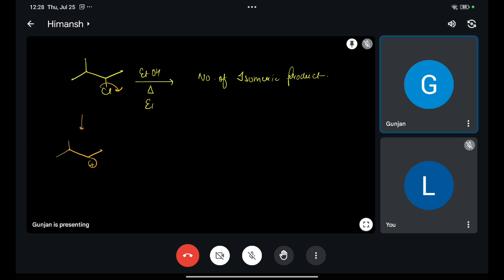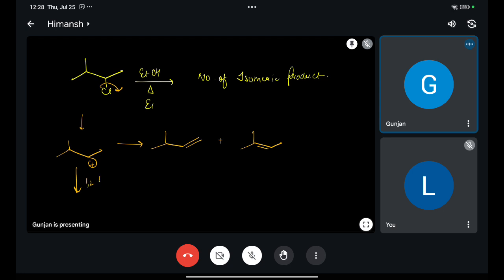Now either this carbocation produces a double bond like this or produces a double bond like this, right? But there might be the chances of rearrangement.